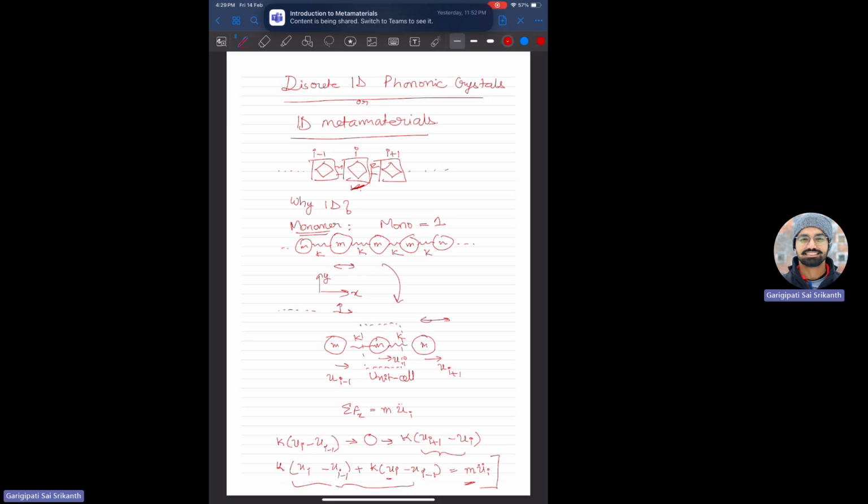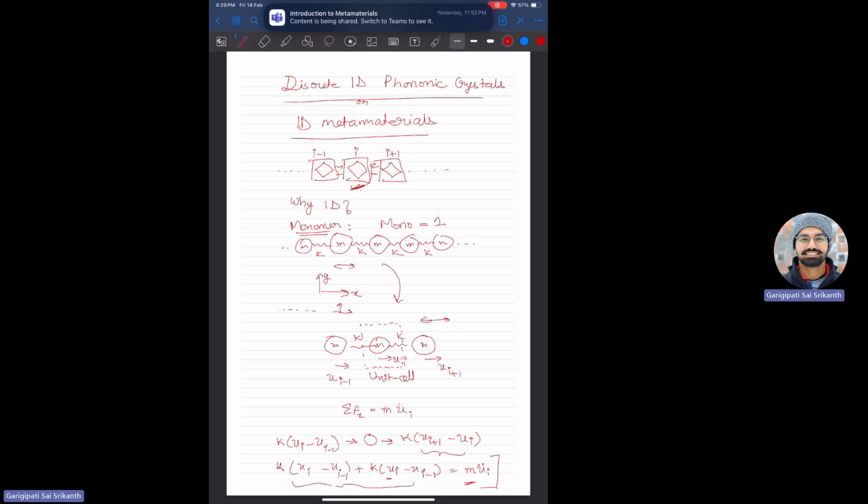But it's important to note that the spatial periodicity is only in one dimension, so we call it a chain.